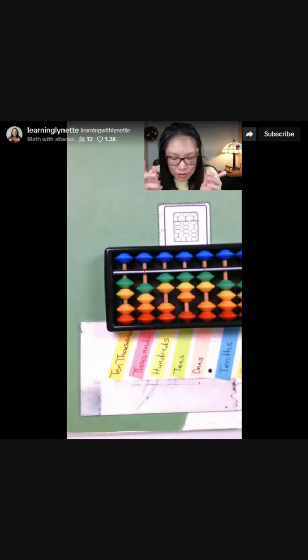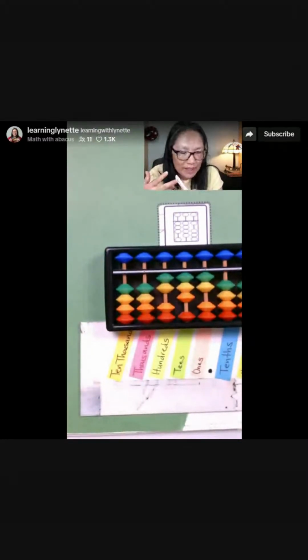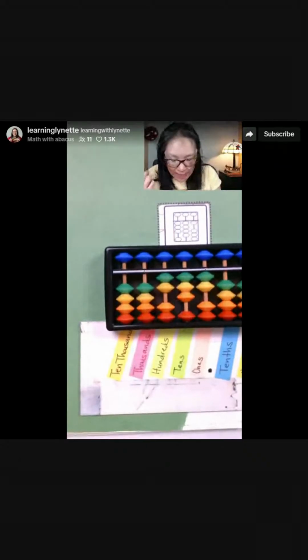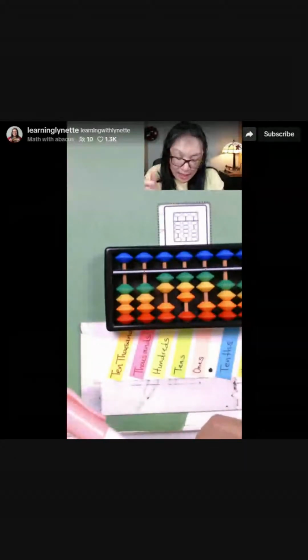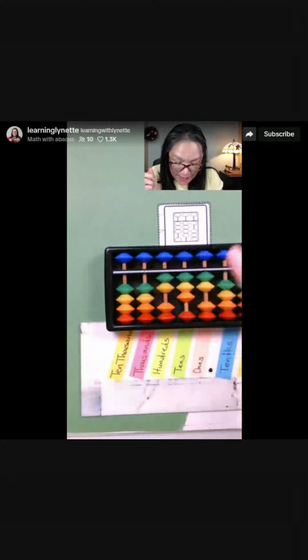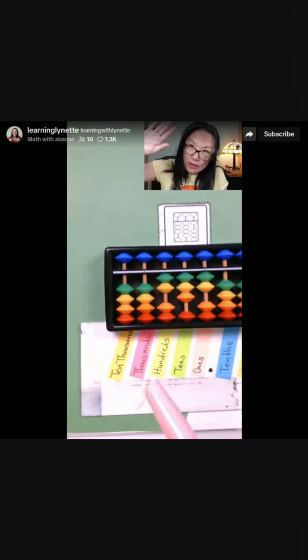The good thing about the abacus is that you can do adding, subtracting, multiplication, division very easily. When we start them young, we teach them better number fluency and number sense. When we start adding and subtracting, you'll understand how the fact families will work. Make sense?